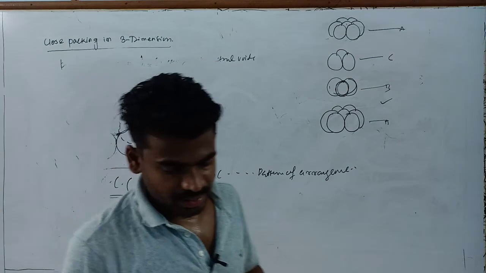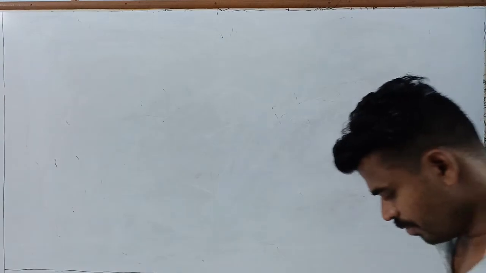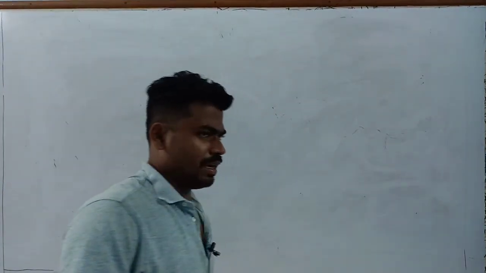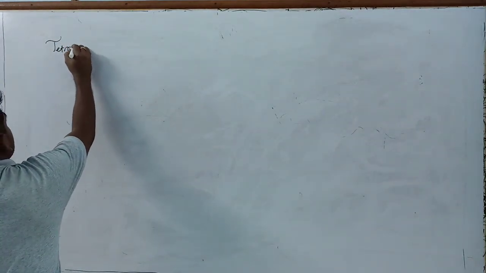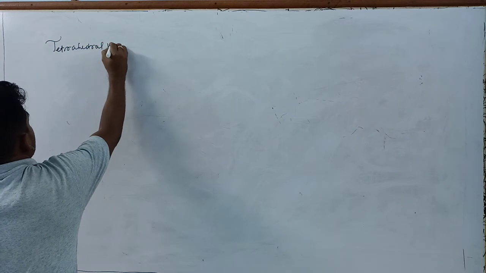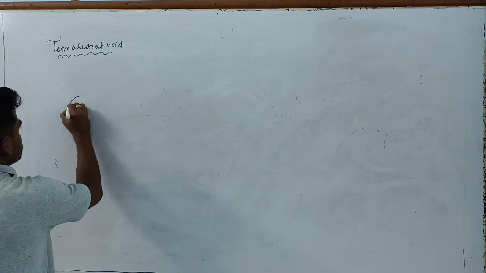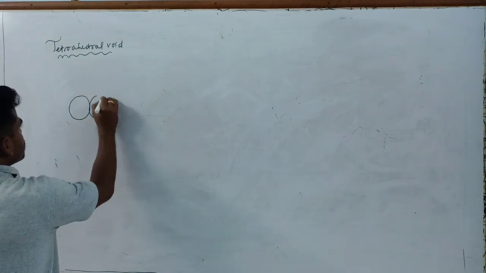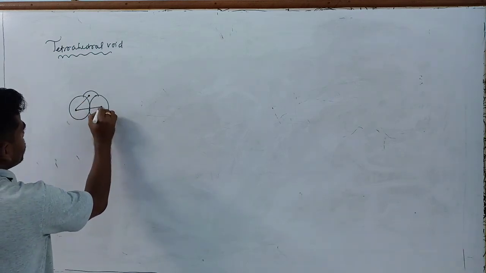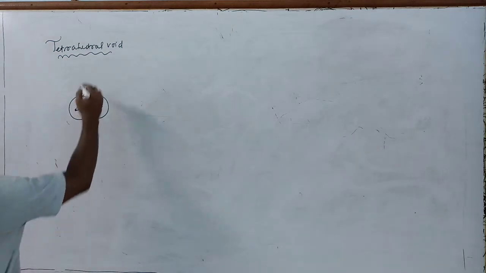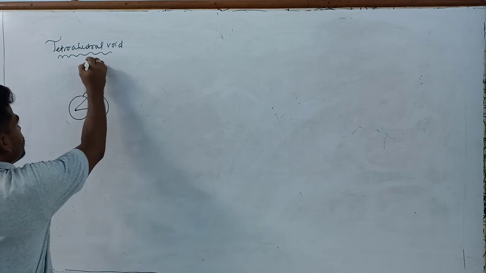So in this type of packing, 2 types of voids we have got in 3-dimensional close packing. One is tetrahedral void. So tetrahedral void, you just see, these are the 3 spheres, let's say. If you join their centers, there will be a triangle. If I consider the sphere that is just present over this depression, so let's say I am doing that sphere over here.